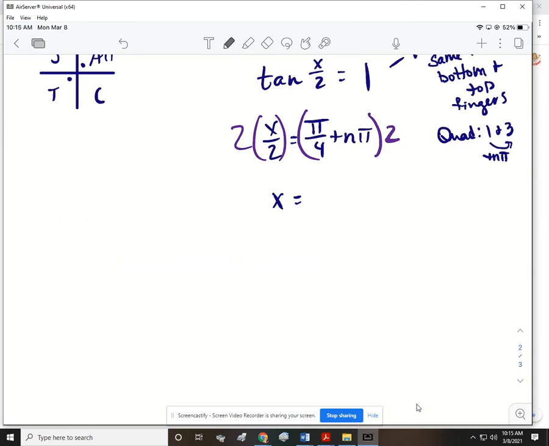So when I multiply pi over 4 by 2, it gives me pi over 2. And then n pi times 2 is 2n pi. All right, so that's trig equations with multiple angles.